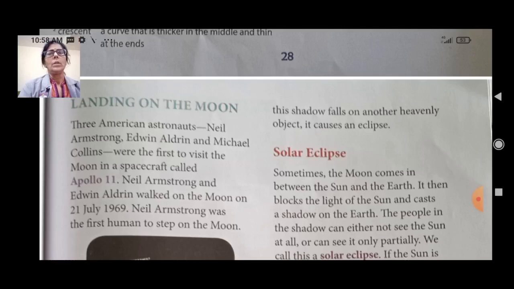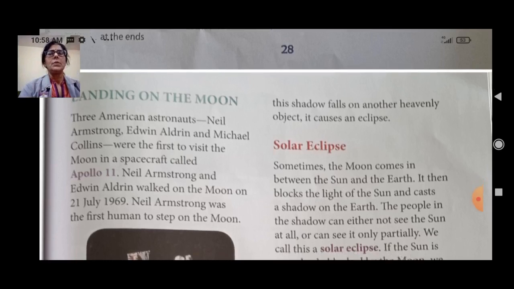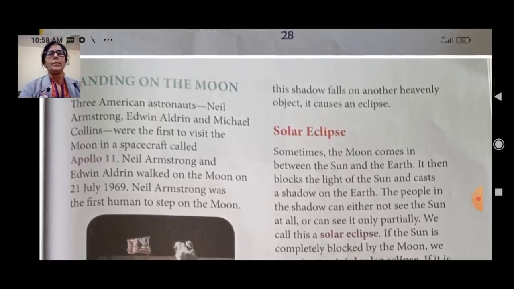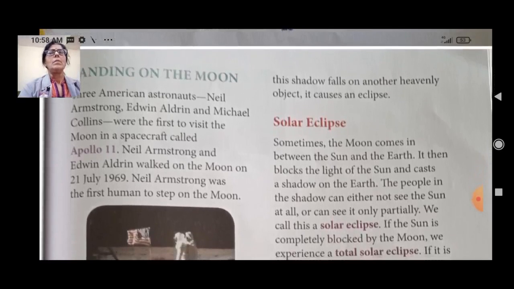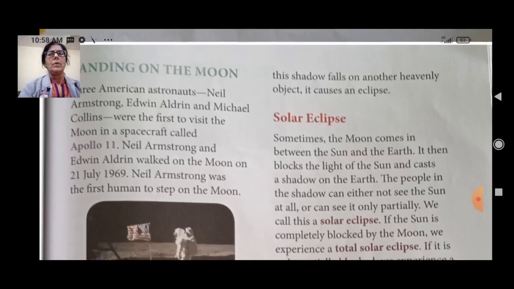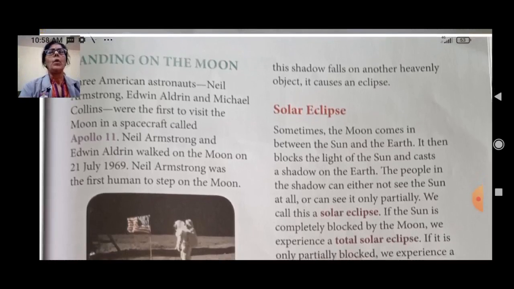Now, landing on the moon. These American astronauts Neil Armstrong, Edwin Aldrin and Michael Collins were the first to visit the moon in the spacecraft called the Apollo 11.